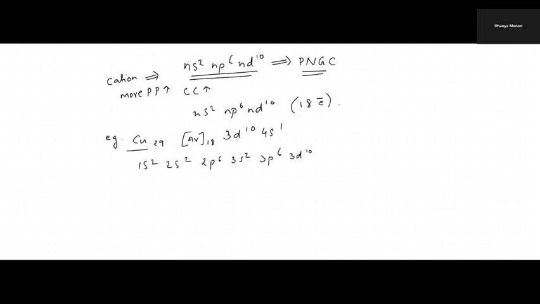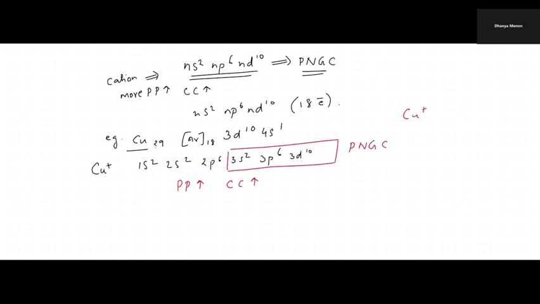But if I write copper 1 plus ion, from where is the electron lost? The electron is lost from 4s. So this electron is lost. And we are left with what kind of configuration? Pseudo-noble gas configuration. So for this ion, what is the polarizing power? It is more. So the covalent character is also more. Okay, so this is for copper ion.